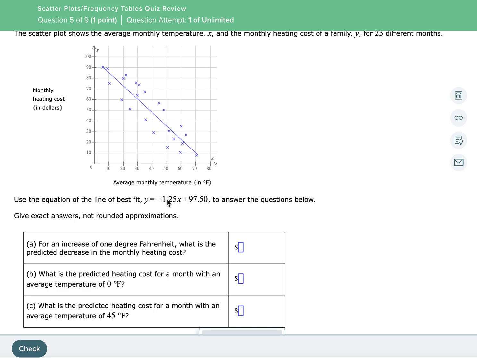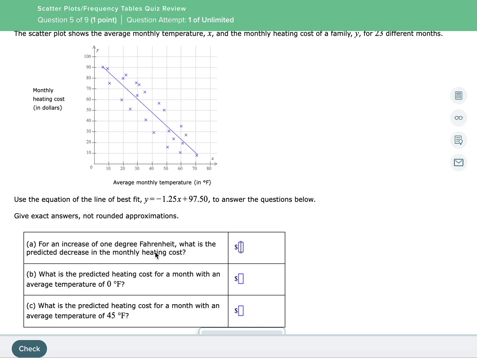There's a reason I use 0 and 1 here. And then I would subtract that from this. So if you put 2 in, you would have 2 times negative 1.25. So each time you go up a degree, your cost goes down by $1.25. So in other words, that's our slope, right?